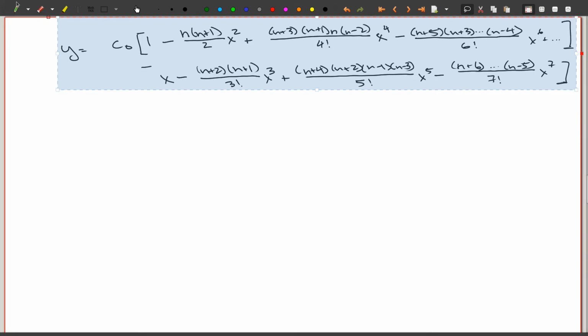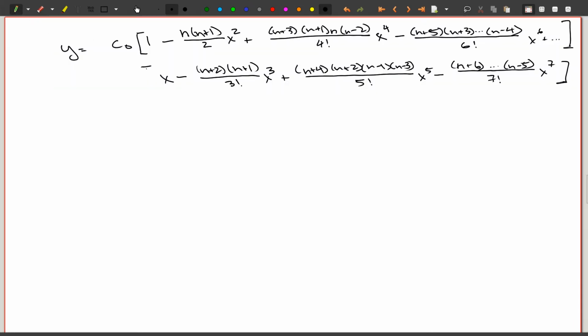So we're talking about the solution we found. There's our C1. So we're going to ask ourselves, what does this mean?